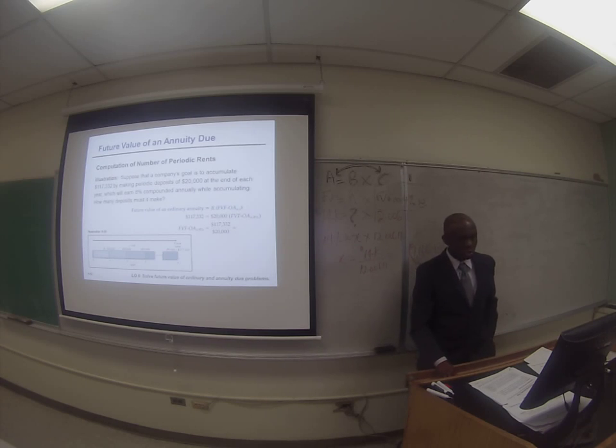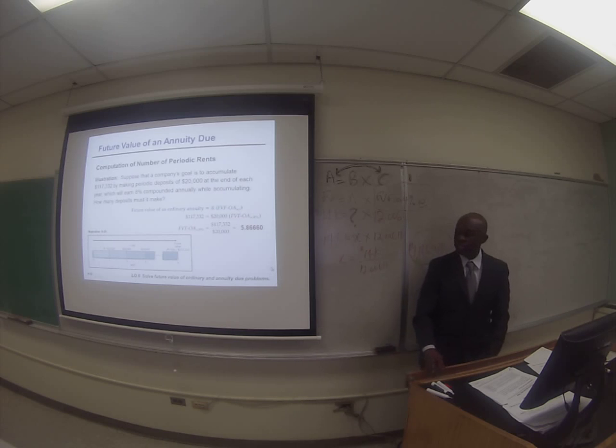Another illustration. Again, there is an error on this slide. This is ordinary annuity, not annuity due, because it said here by making periodic deposits of 20,000 at the end of each year. So the question here is, what is the number of periodic rents?